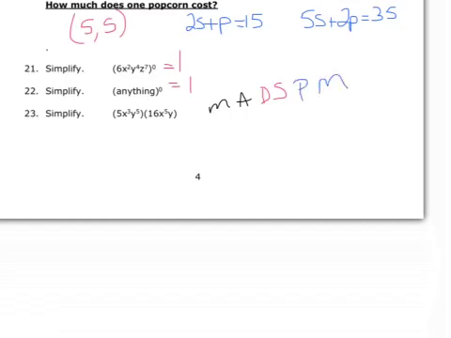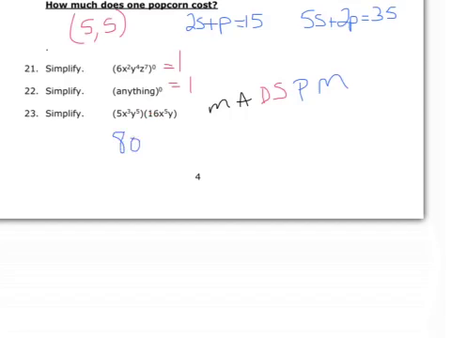Those rules basically tell us if the operation of the terms is multiplication, we multiply the big numbers and we add the little ones. So we multiply the coefficients, and then we're going to add the exponents that have the same letter for a base. Okay, so 5 times 16 gives me 80.